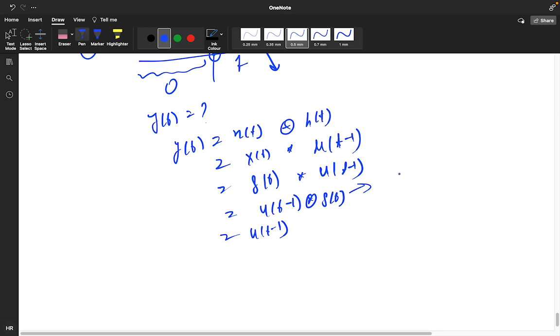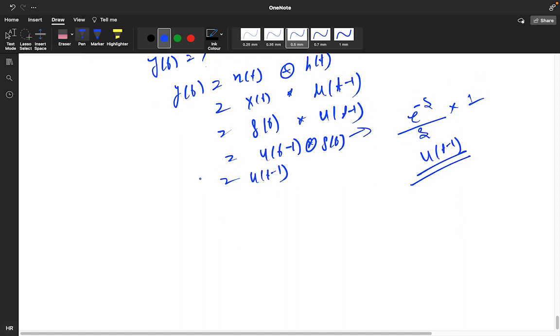Even in the form of Laplace transform, u of t minus 1 has Laplace transform e power minus s divided by s, multiplied with 1 only, and the inverse of this will be u of t minus 1. I will tell you how this minus is coming.